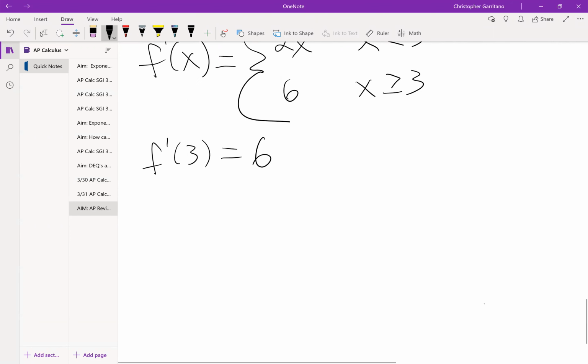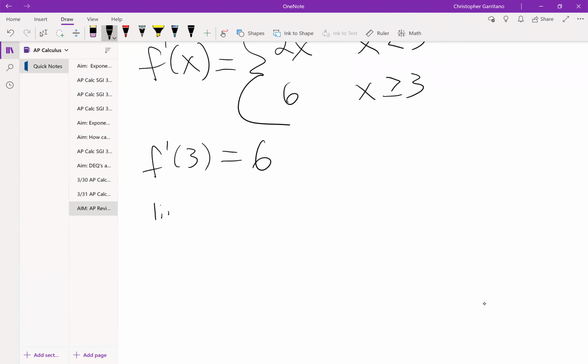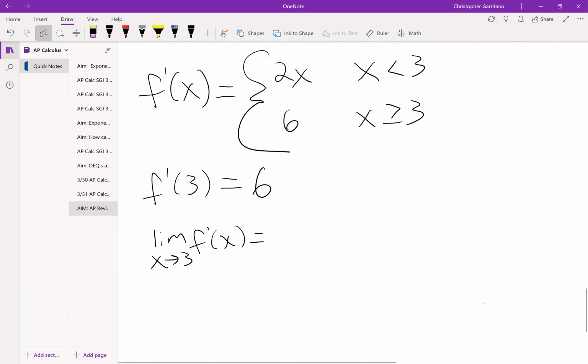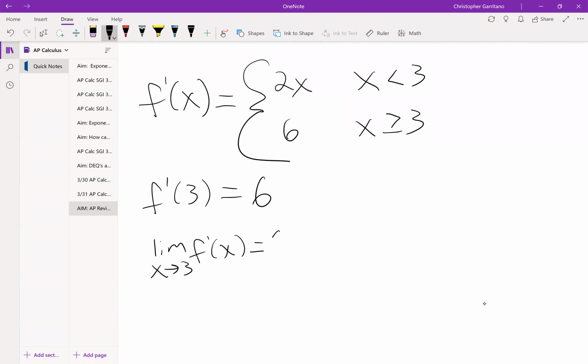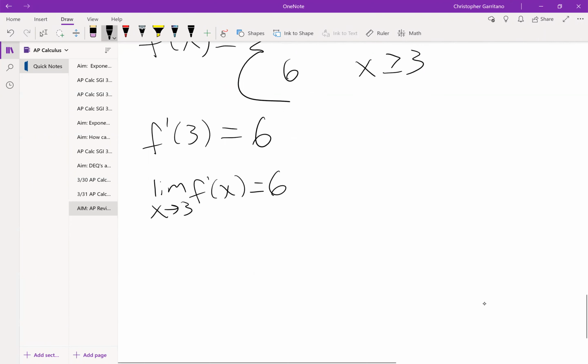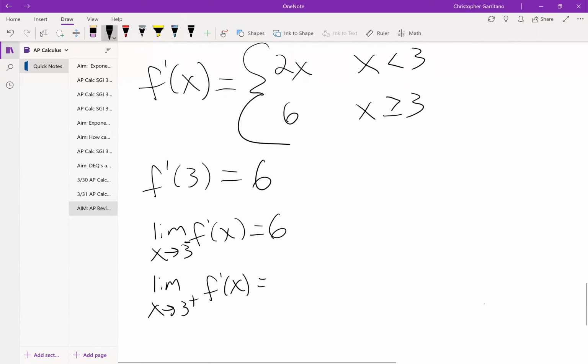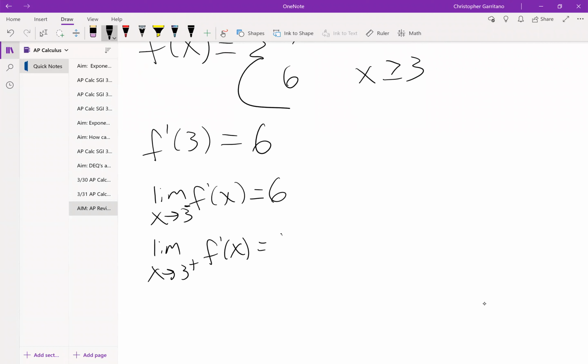Okay, the left-handed limit as x approaches 3 from the left of f prime of x: direct substitution in this top branch gives me 6. And the limit as x approaches 3 from the right of f prime of x is the bottom branch, and we see that that is equal to 6.